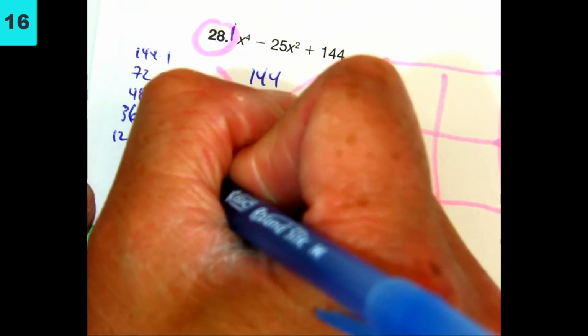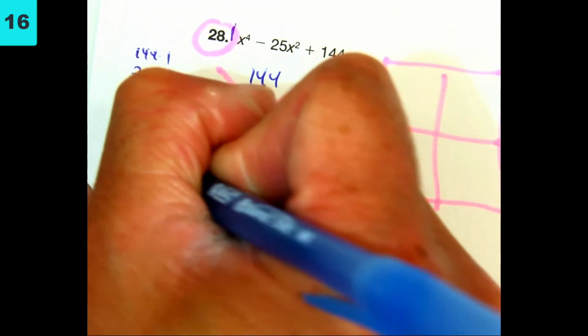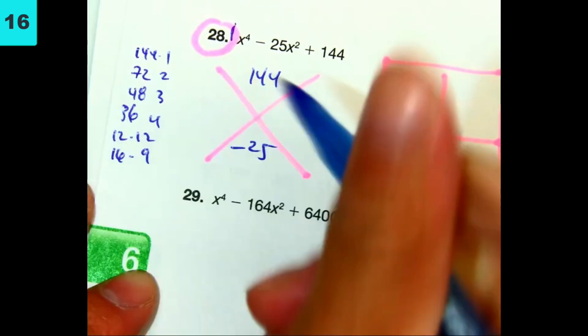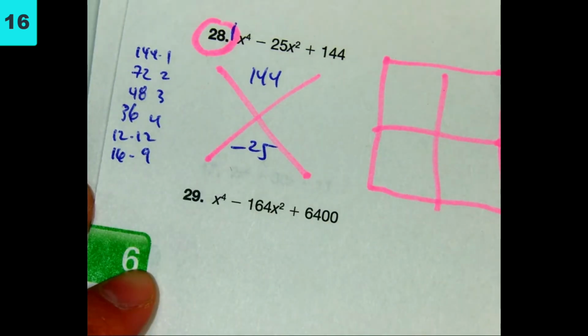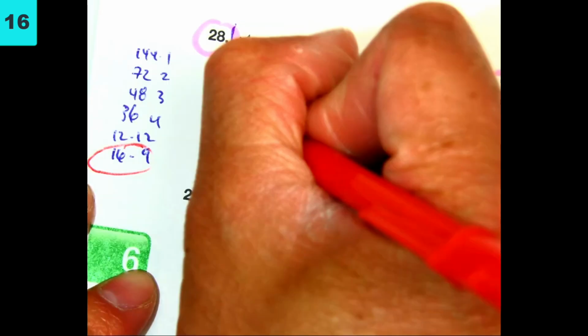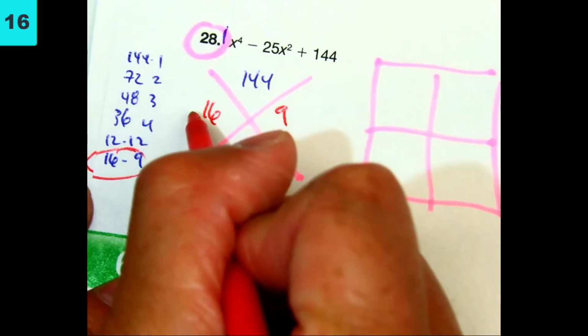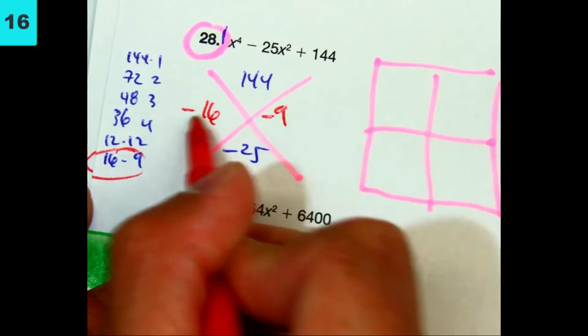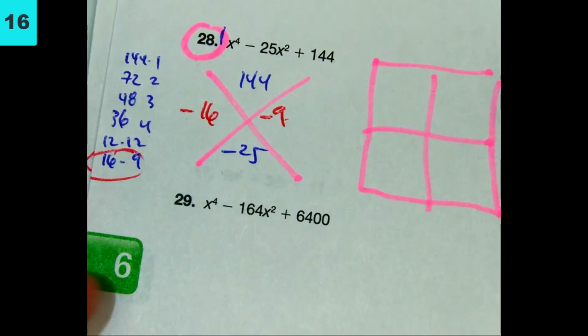Wait, what? 16? 16 and what? 9? Yeah, good job, you. 16 and 9. What combination of 16 and 9? Negatives, right? Multiply, positive. Add is negative. Okay? Alright.